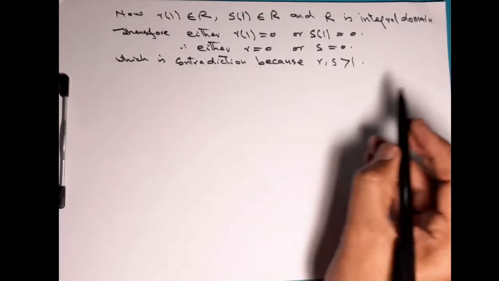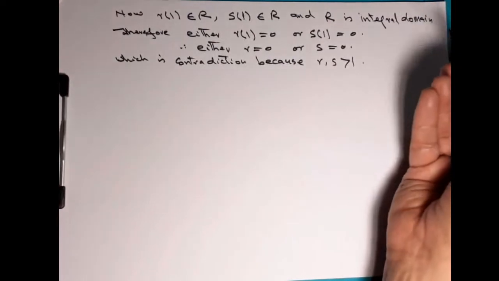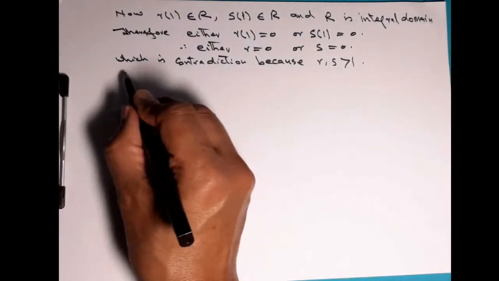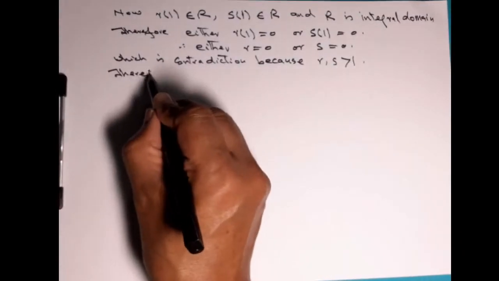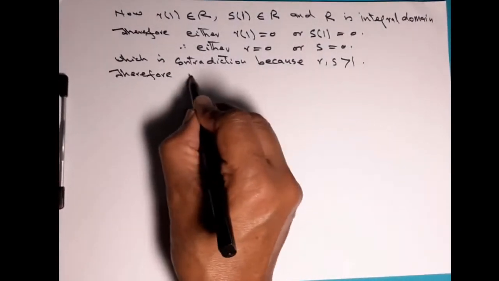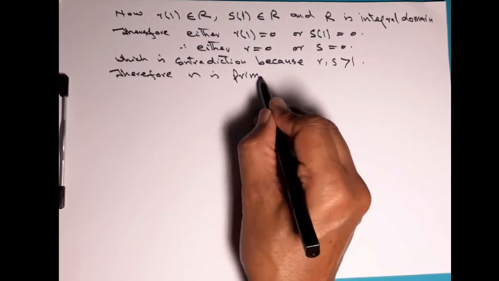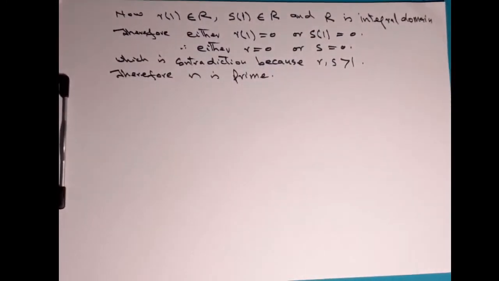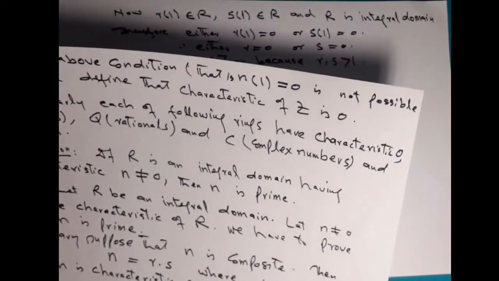We supposed that n is composite, so n is not composite. Therefore, n is prime. So we proved that if the characteristic of an integral domain is finite, then it has to be prime.